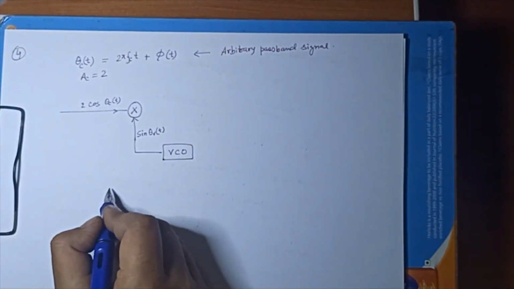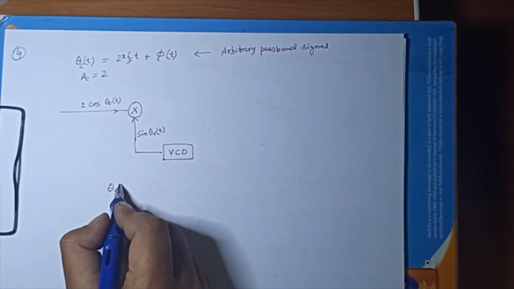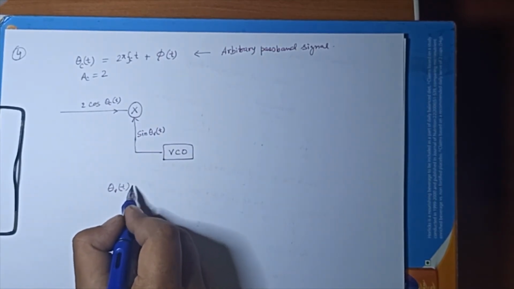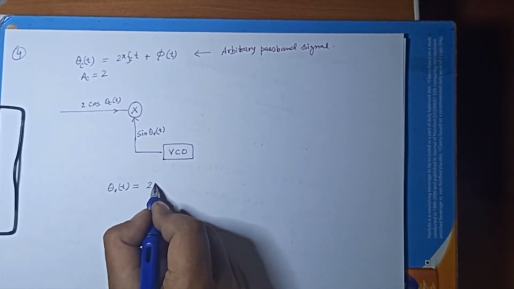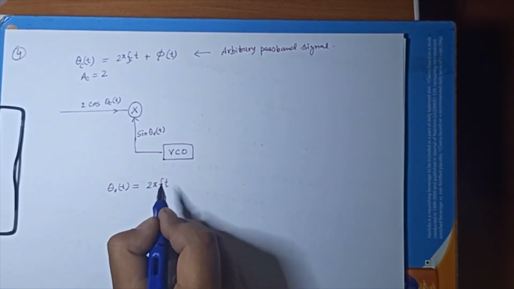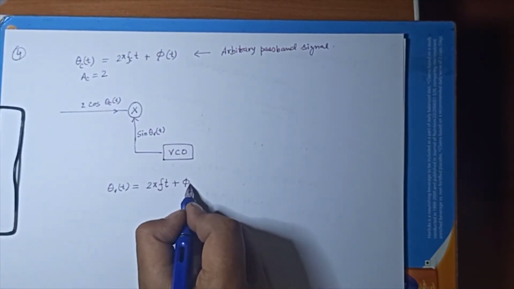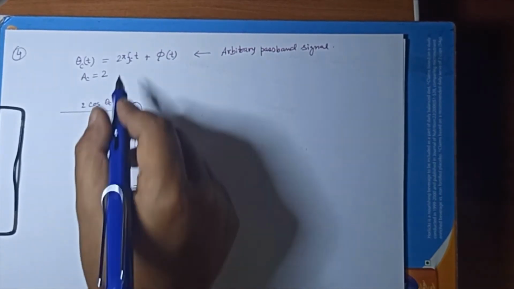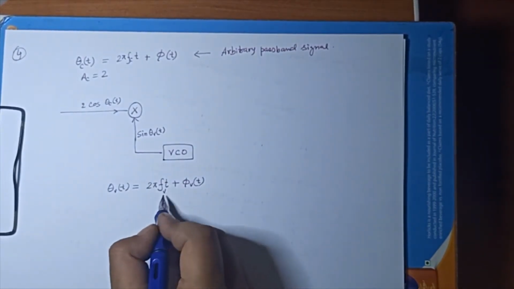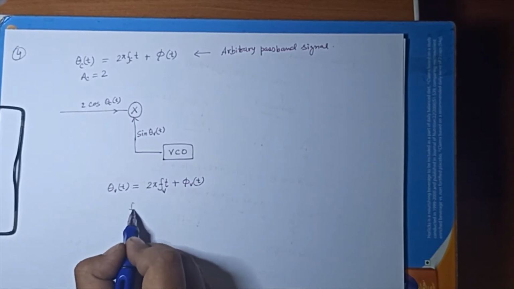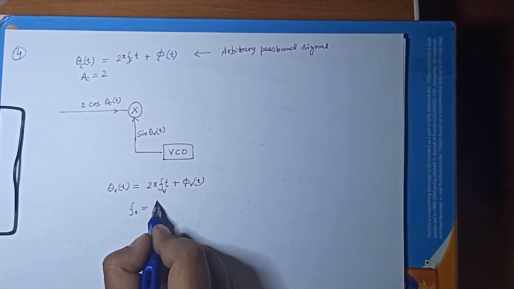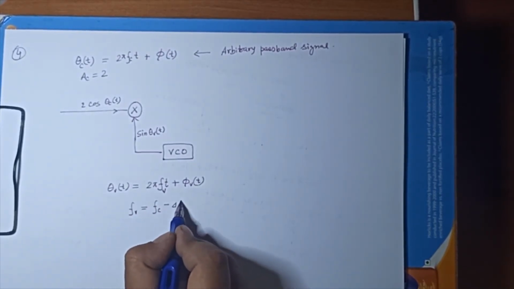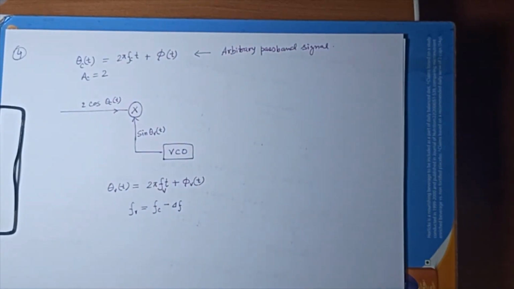Okay, and this theta_v(t) has this structure. Suppose theta_v(t) is equal to 2 pi f_v t plus phi_v(t), and this f_v may not be equal to f_c. So I can write f_v is equal to f_c minus delta f. There is a little variation, it may not be exact.